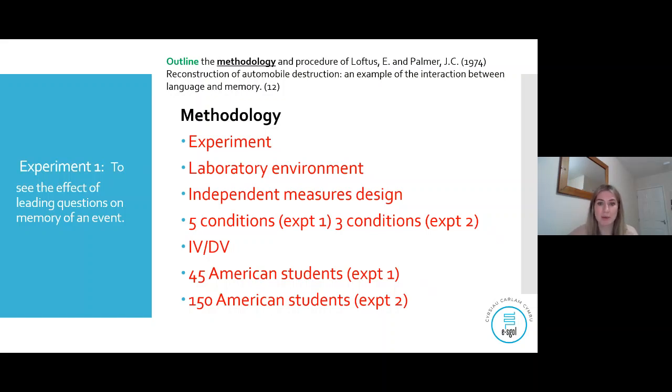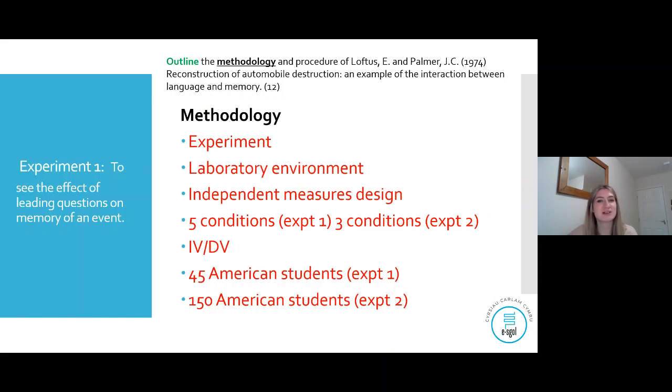We need to think about our variables, so our independent and our dependent variables. Remember, independent is what you change and dependent variable is what you measure. In experiment 1, she had 45 American students, and in experiment 2, she had 150 American students.